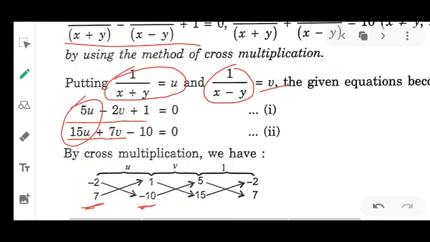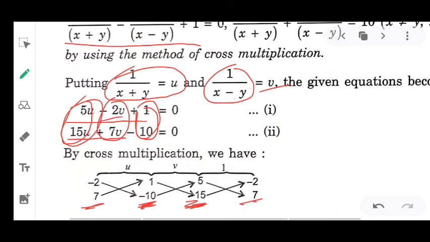Then coming to v, remove this part, then you have 1 and 10 which is already written, then minus that 5 and 15. Now coming to the constant part, remove this one, 1 and 10. So the remaining are 5 and 15. This is already written. Then write -2 and 7.